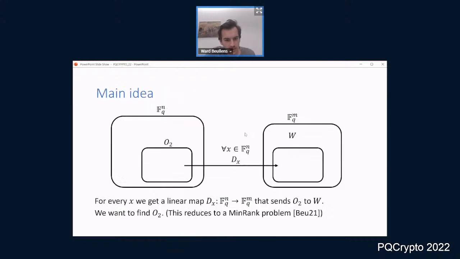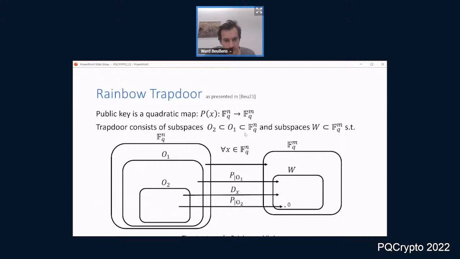I'm not going to explain how to do signing or sampling pre-images for this, but it's not too difficult. Basically, the idea is to use the oil and vinegar strategy twice. First, you pick some random input V. Then instead of solving for something that immediately gives you a pre-image, you do it in 2 steps.